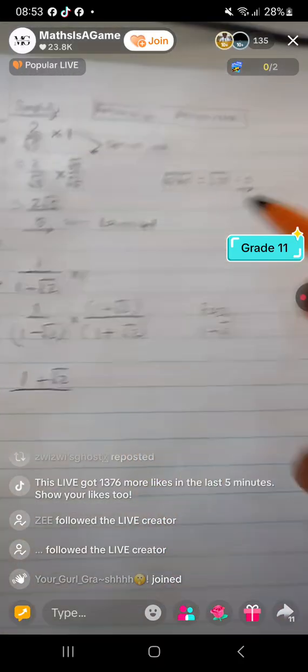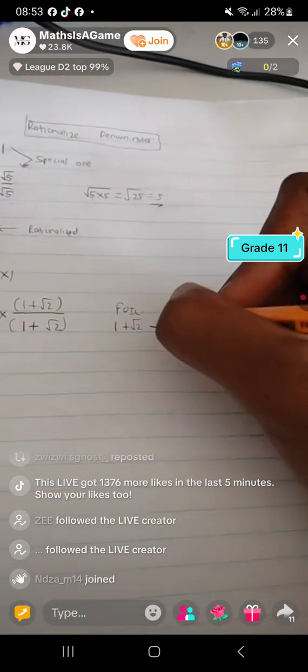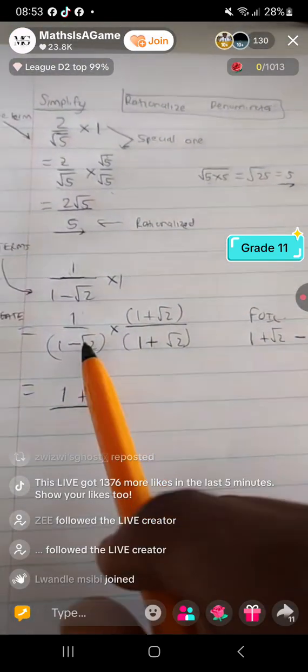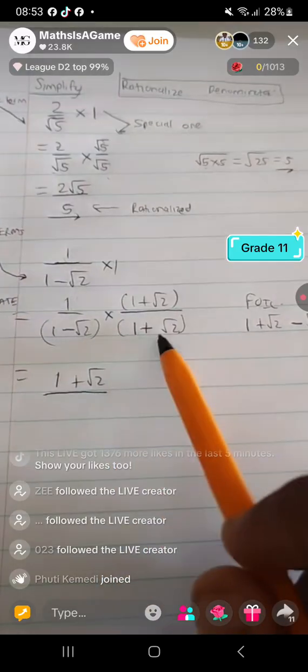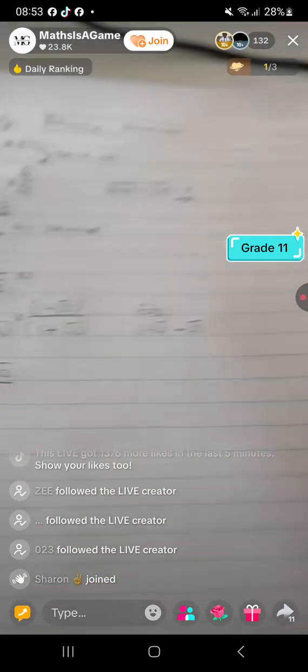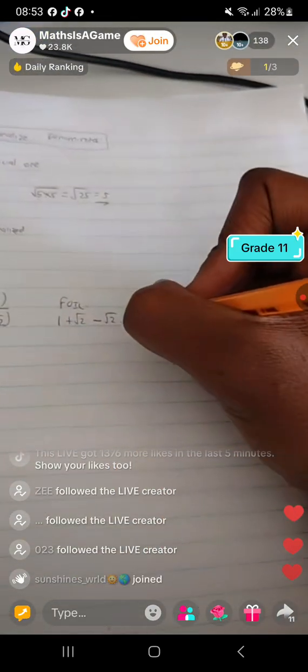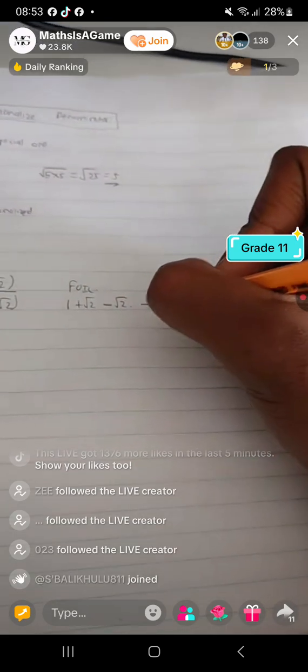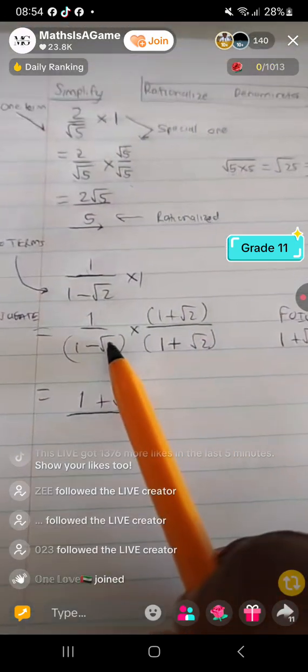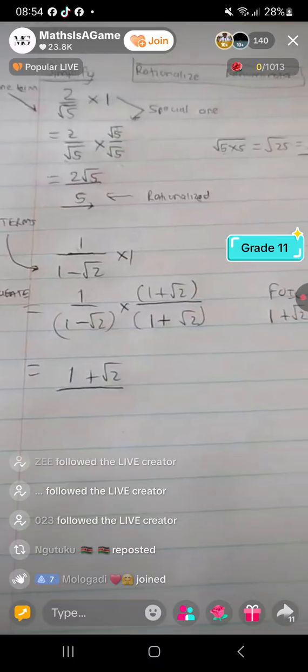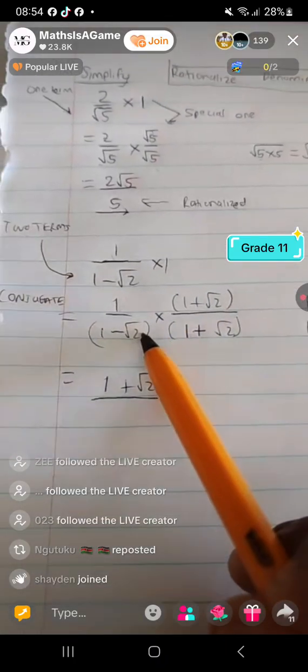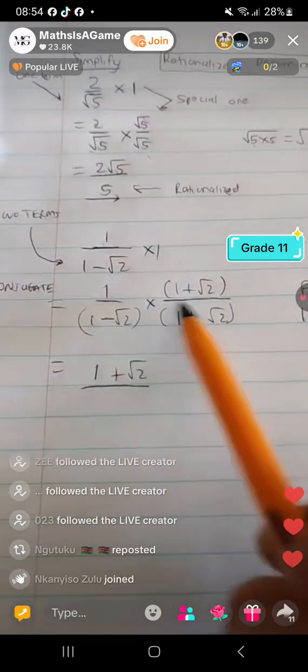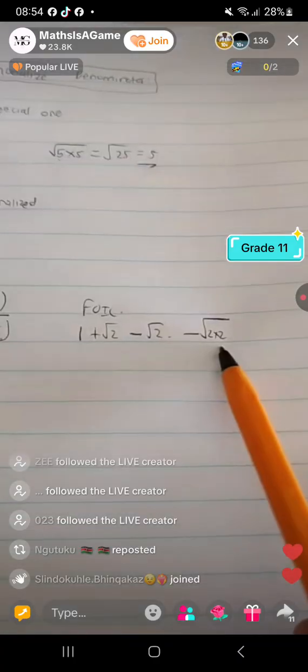Negative root 2 times 1 is negative root 2. Then negative root 2 times positive root 2, that's negative root 2 times 2. Remember guys, the square roots are the same, so the 2 and the 2 I can multiply underneath the same square root.